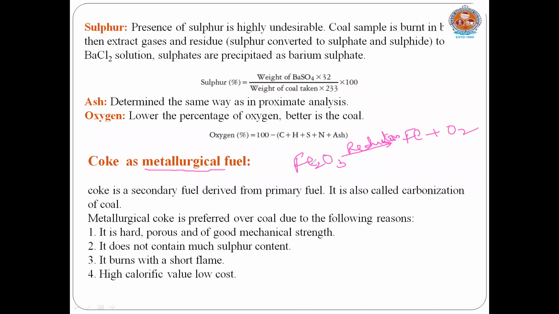During this process, to remove the oxygen from the iron oxide, it needs very high temperature, approximately 1000 degrees centigrade. So to provide a continuous 1000 degrees centigrade temperature, we need a fuel. This is supplied by the fuel sample.